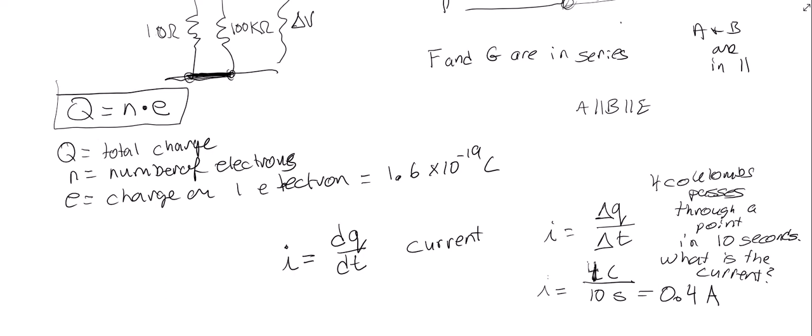Y'all will do circuits later in the semester after you've already done a lot of circuits in circuits class. They have the slightest little difference in how they do it in physics and how they do it in EE. EE circuit students either say it was so easy in physics because I already knew it, or they say it messed me completely up because they did it the wrong way. So we'll just have to see when you get there.